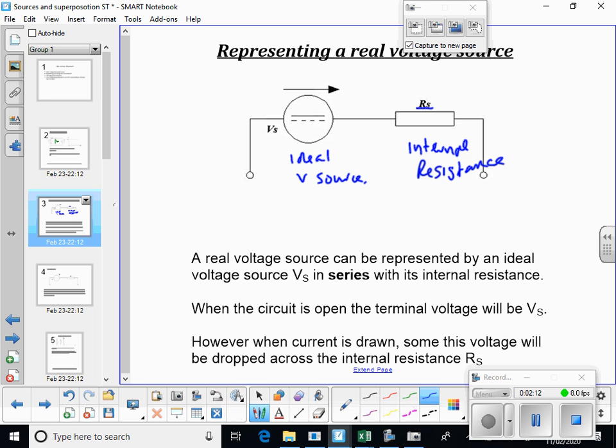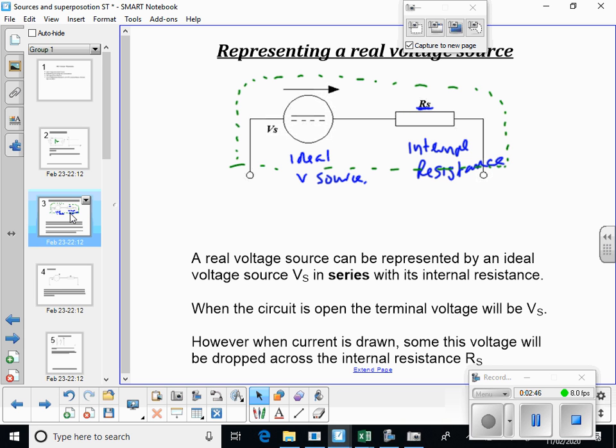Call that RS, representing the internal resistance of the source. So this circuit inside this green dashed line could be a battery or a DC generator or something similar, and these are two output terminals. When they're open circuit like that, no current is flowing, so if you put a voltmeter across there you would measure VS.